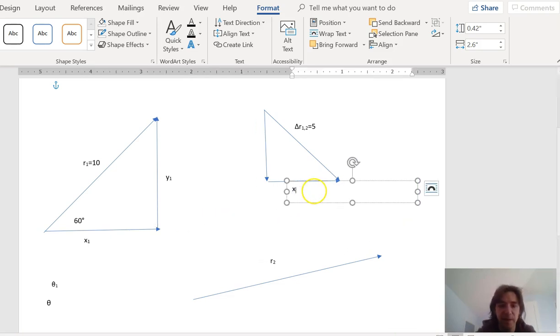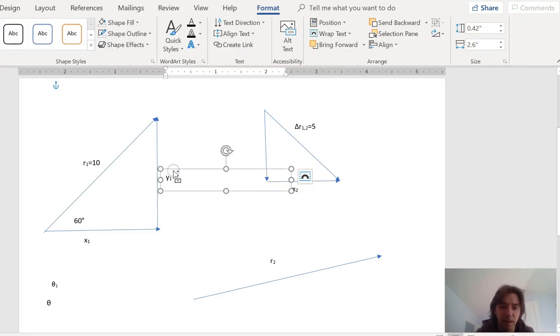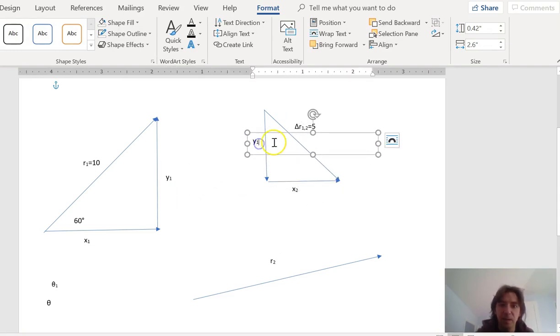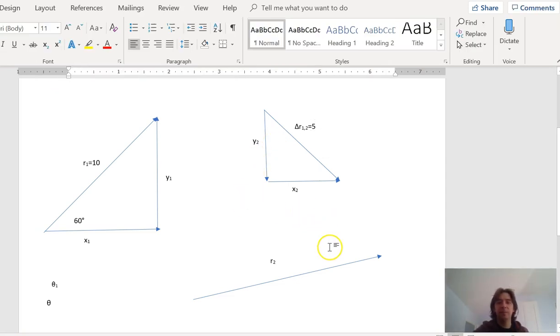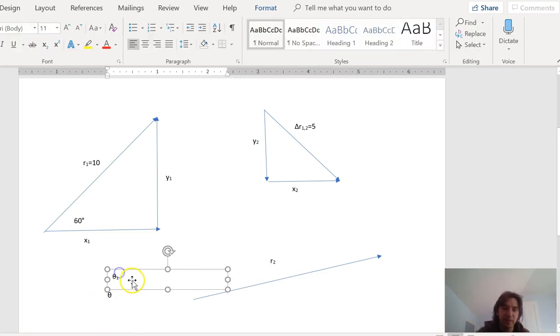This horizontal component now is x2. And our vertical component is y2. And then we need to know an angle in this triangle as well.